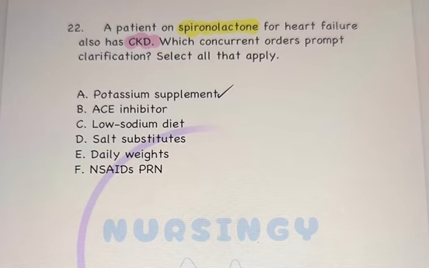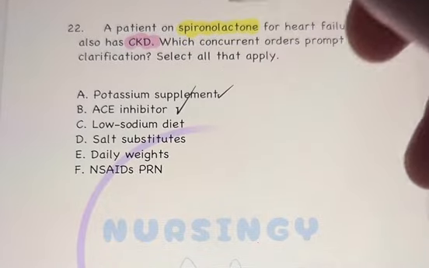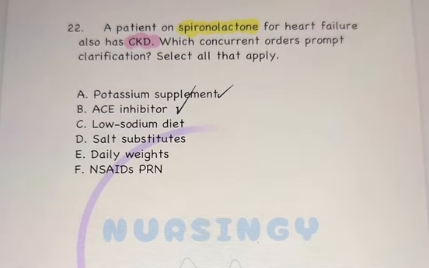Angiotensin converting enzyme inhibitors cause potassium retention. So if we have an ACE inhibitor and spironolactone, they both retain potassium. That increases the chances of hyperkalemia, so we don't want that too. So we will question this one.